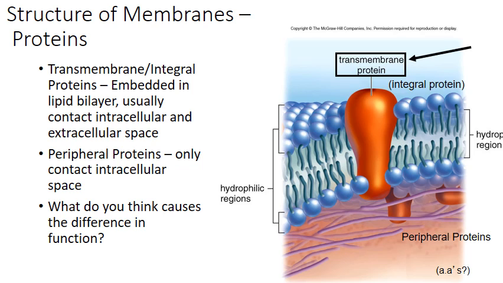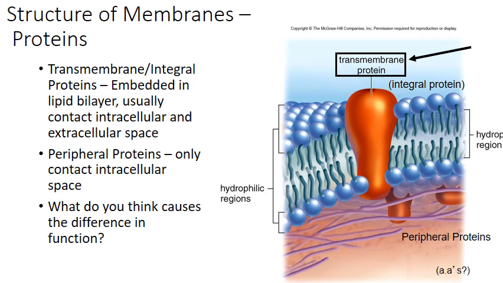We also have peripheral proteins, which just stick out on the outside or the inside. Sorry, I'm not sure that's true, I think I might have made a mistake. The important thing to remember is that peripheral proteins won't face both sides, extracellular and intracellular. So we have peripheral and transmembrane.